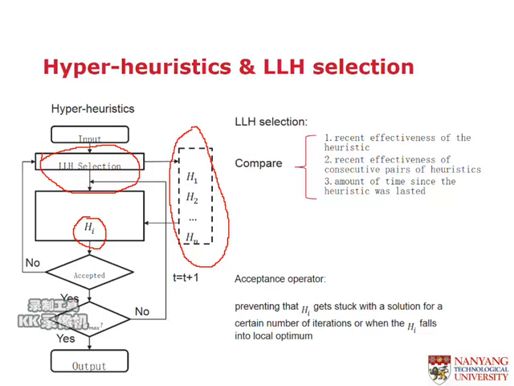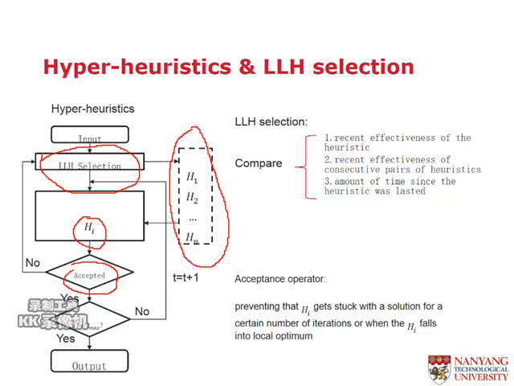For this kind of heuristics, low-level heuristic selection and acceptance are the two essential operators to determine which heuristic algorithm is to be selected and whether the selected heuristic algorithm will continue to be used or not.